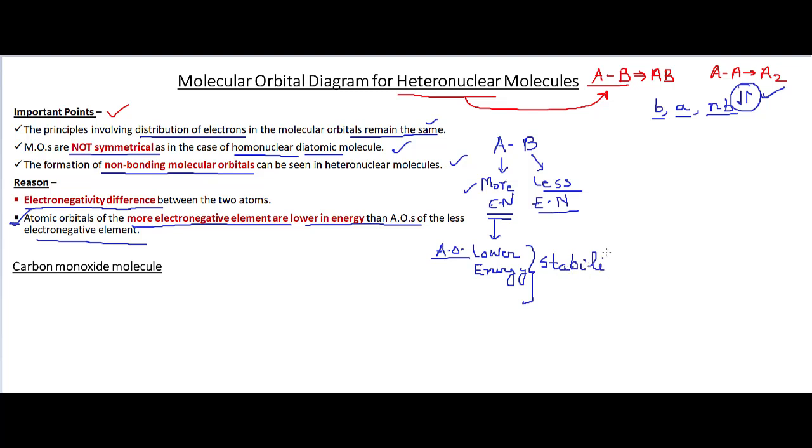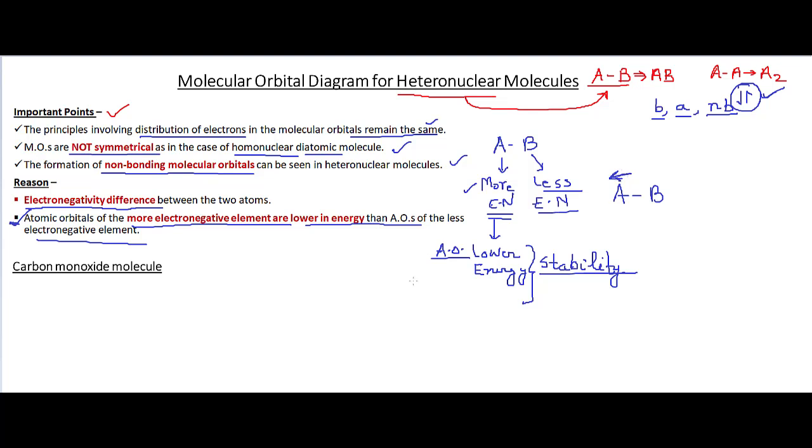Electronegativity, we all know, is the tendency to attract electrons towards itself, so the electron charge density will be more towards the more electronegative element.